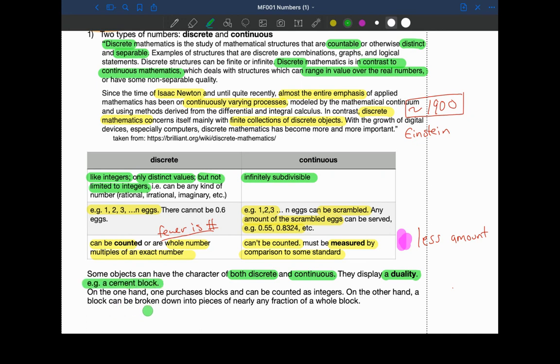On the one hand, you can only purchase whole blocks. You can buy 1, 2, 3, 4, 5, or 6. On the other hand, you can break that block down into pieces of nearly any fraction of a whole block. So in a very loose sense, a cement block shows a duality of being continuous and discrete.